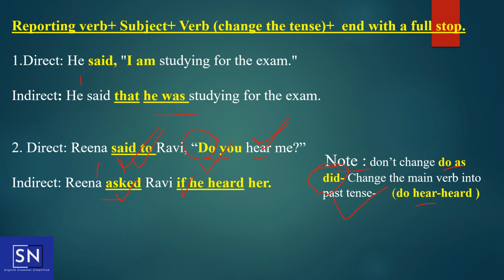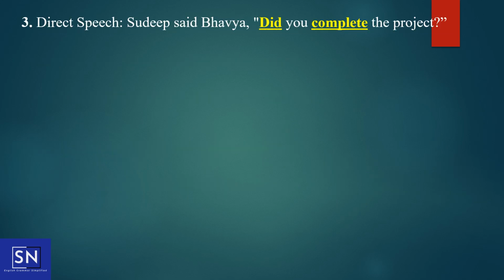There is no WH form. So if he, do hear will change to heard, and me changes to her because it is referring to Reena. So in indirect speech, Reena asked Ravi if he heard her.